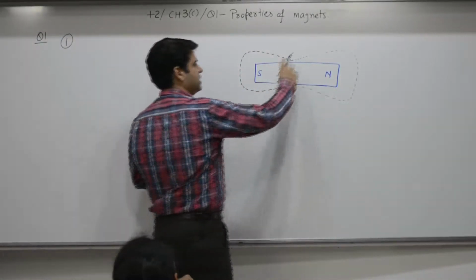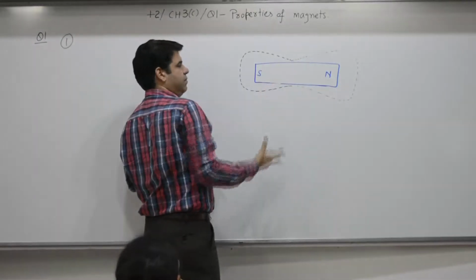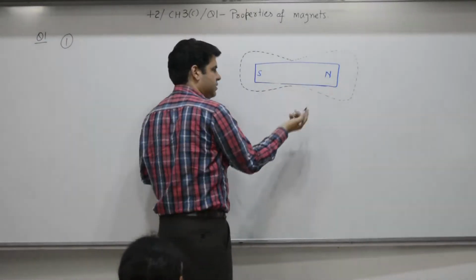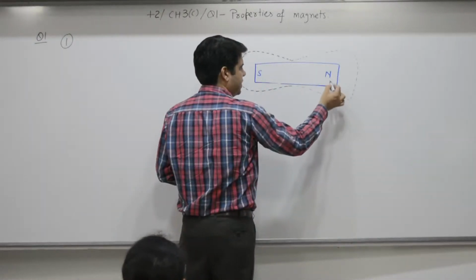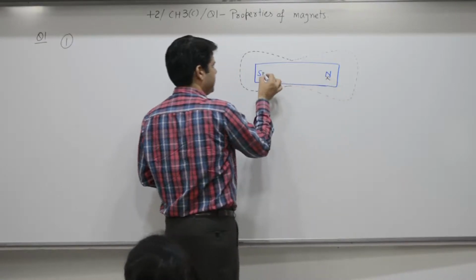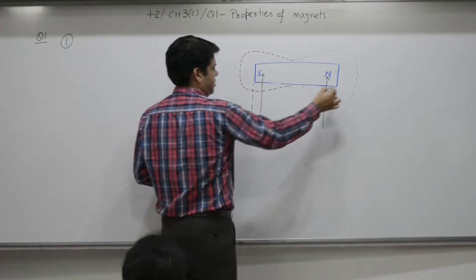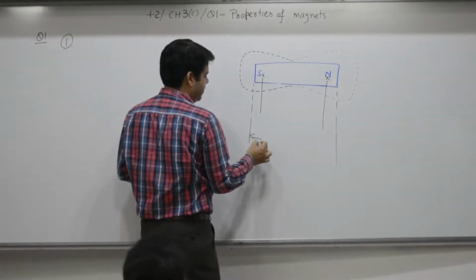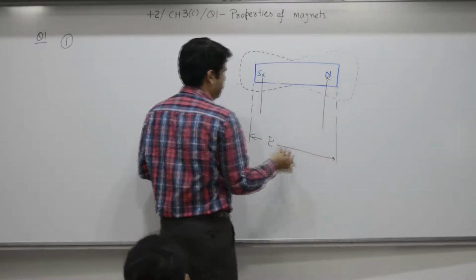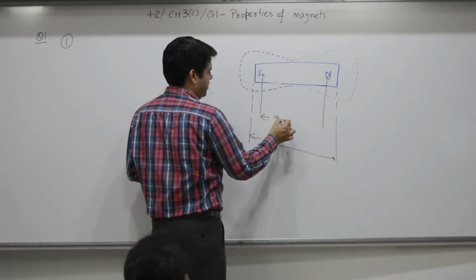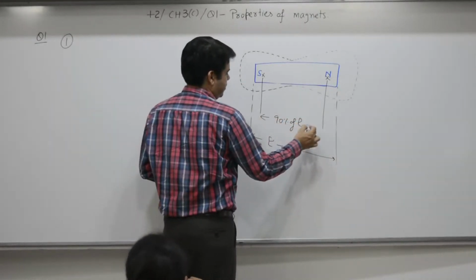The center of this, the effective part, is not at the face but somewhere inside. And this length is not the same as the physical length of the magnet. It is approximately 90% of L.